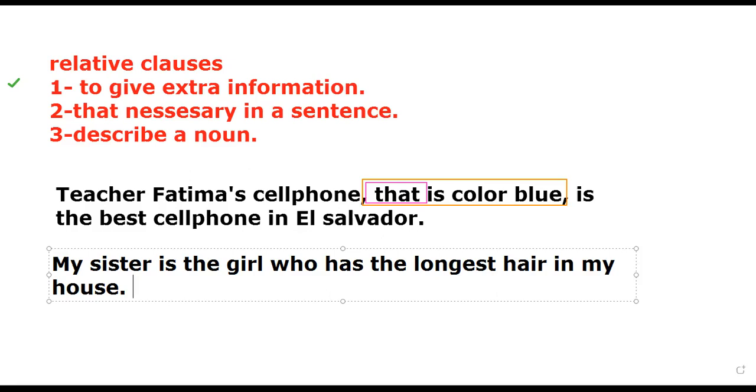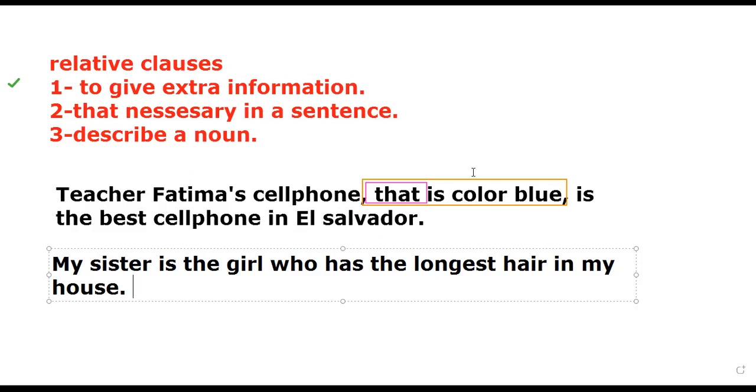This is when you write something that is necessary to write in a sentence when you describe the noun, okay? Example, my sister is the girl who has the longest, el cabello más largo, the longest hair in my house. Okay, because she has long hair.